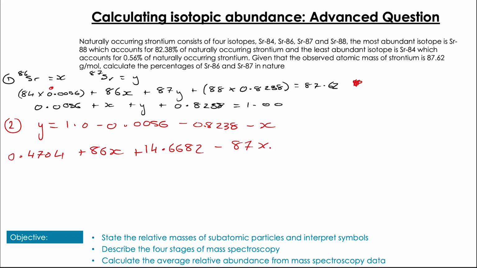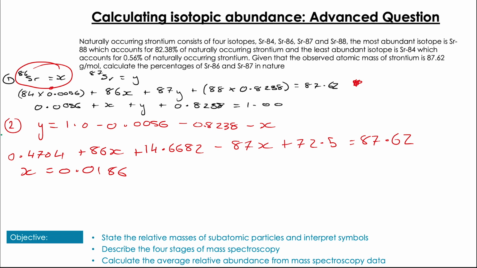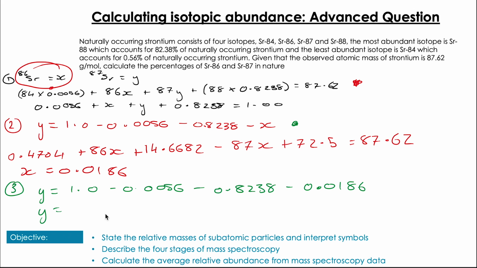Once we do this, we get X is equal to 0.0186, which of course tells us our abundance of our Sr-86 isotope. We then want to use this value of X in our expression for Y so that we can find our value for Y, which in this case is going to be 0.152.